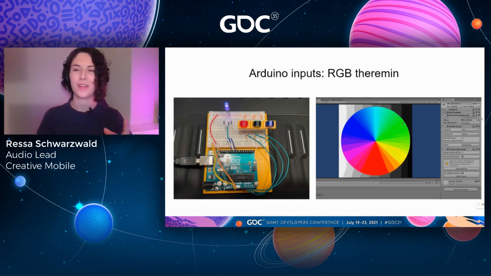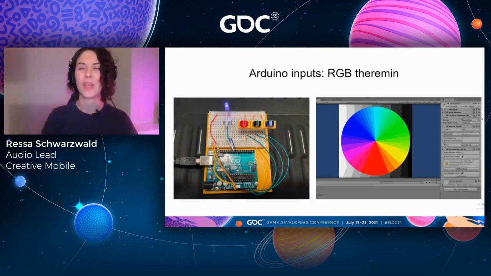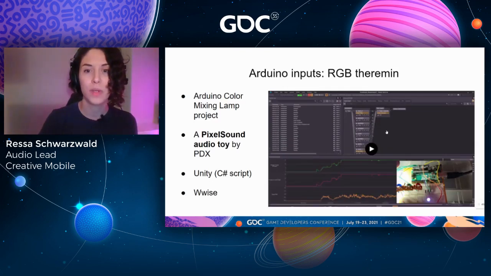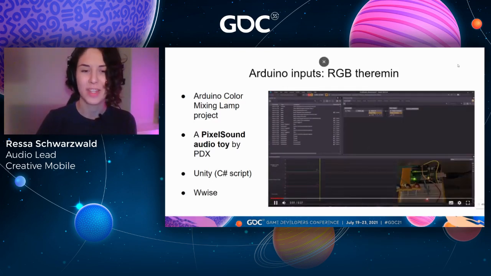And there are RTPCs in Wwise like red, green, blue, and gray, which get the data from this color and play the sound based on how much of every other color is in the final mix. So I just decided to mix those two projects together, and that's what I got. It is my RGB theremin.